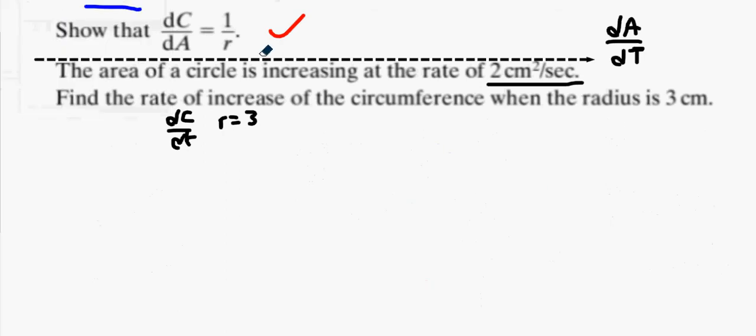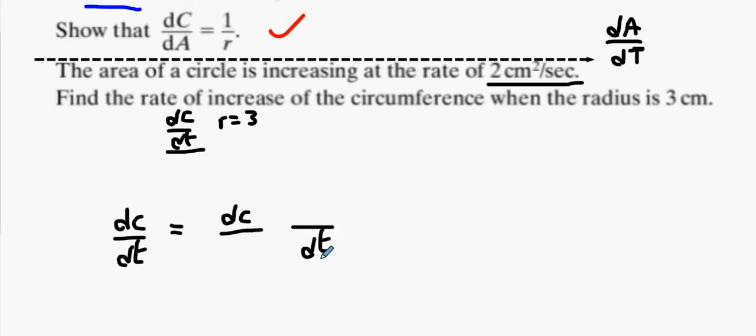The goal of the question is to find the dC/dt. Everybody see the dC/dt? So the dC/dt, same as what? The dC/dA times dA/dt, and what letter do you think we're going to use? I think we're going to use the A, and I'll explain why. We already know what the dA/dt is, don't we? What is the dA/dt? 2.